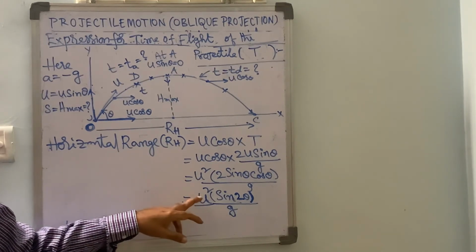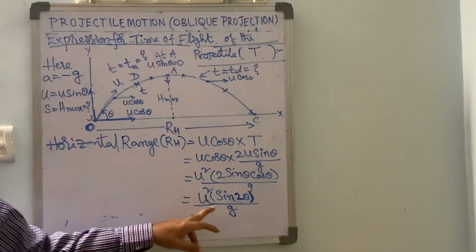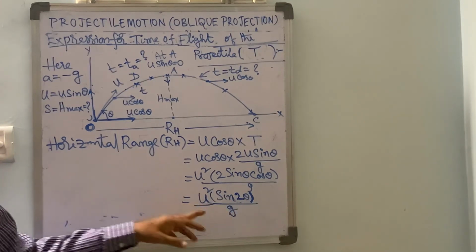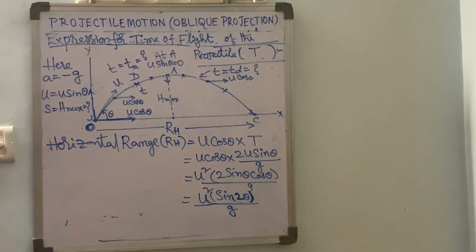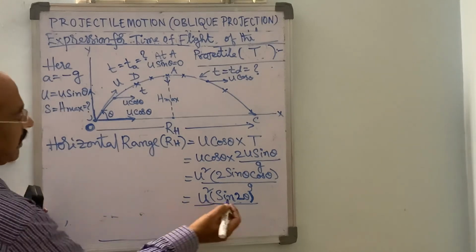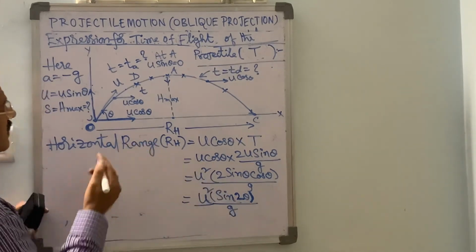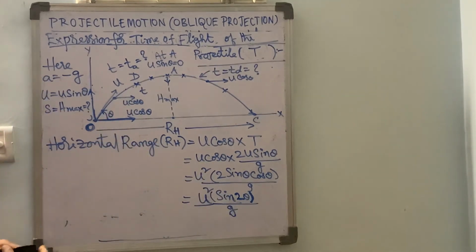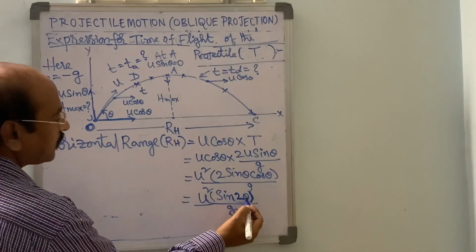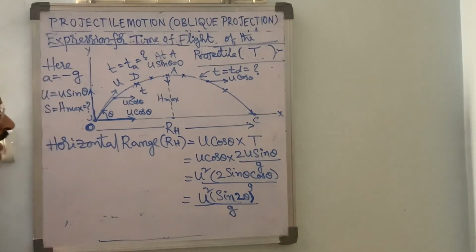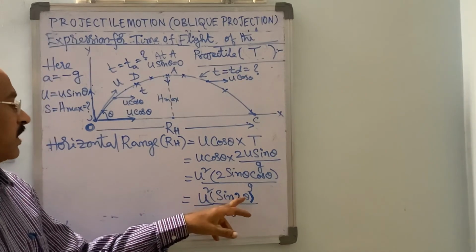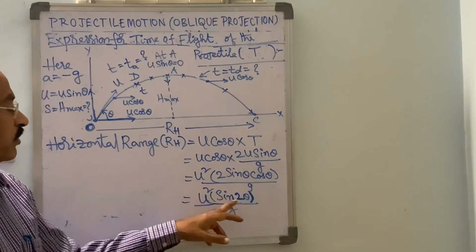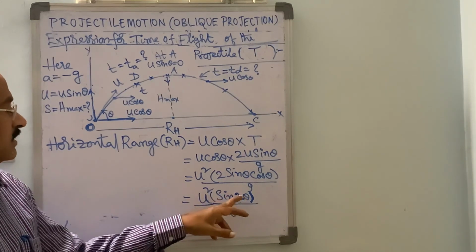Therefore, we find the horizontal range of an obliquely projected body. If we know the initial velocity u and theta value, then we can find the horizontal range by using this equation. Now the maximum range is obtained when 2 theta is equal to 90 degrees. So when theta is equal to 45 degrees, sin 2 into 45 is sin 90, because sin has its maximum value at 90 degrees. Therefore sin 90 is equal to 1.